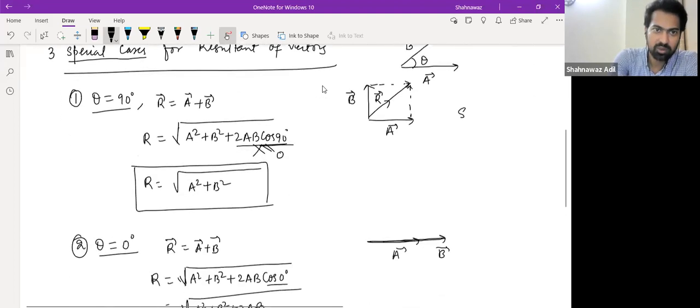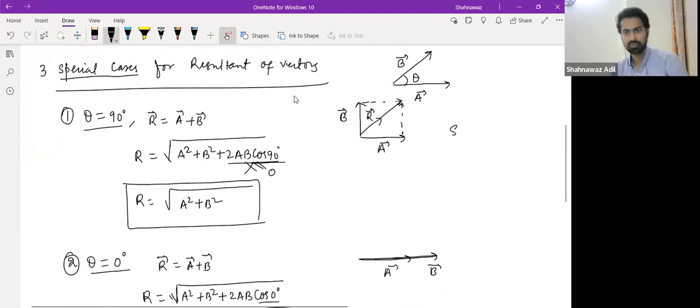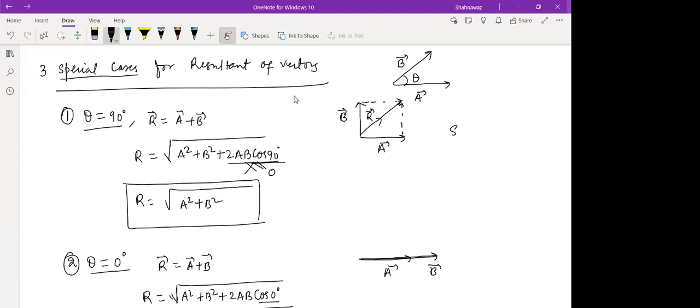So quickly note down the two cases and we will do the questions in the next class.